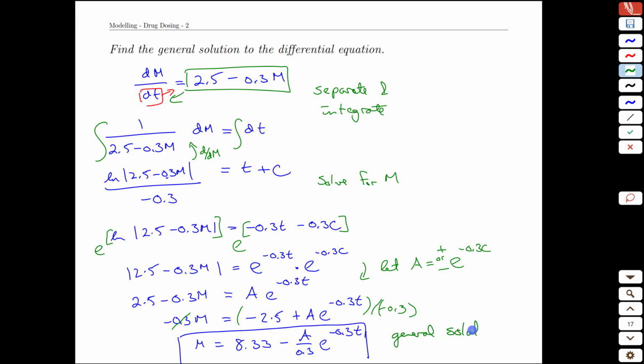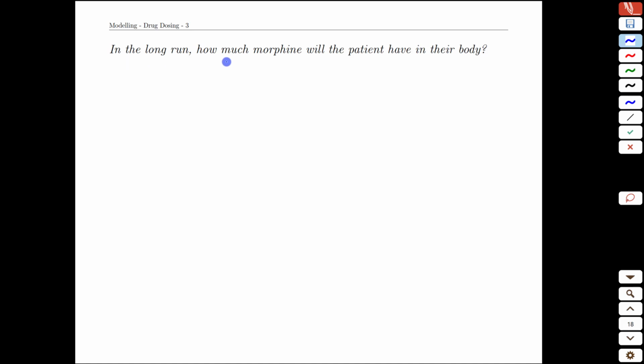This would describe or predict the amount of morphine in the system over time, given some starting value that would define our A. As a follow-up about our prediction, in the long run, how much morphine will they have in their body? Well, we have 8.33, that's an approximation rounded, but it's the idea. What we can do here is ask what the impact of the long run is. Well, that's a mathematical statement of the limit as t approaches infinity.